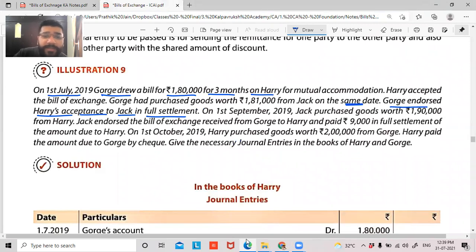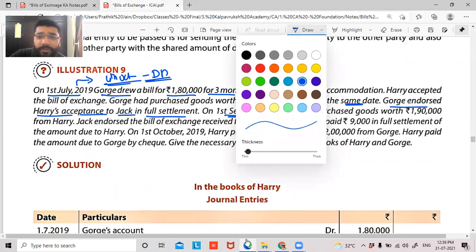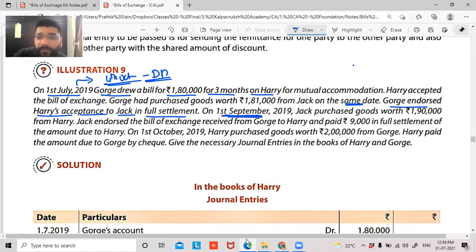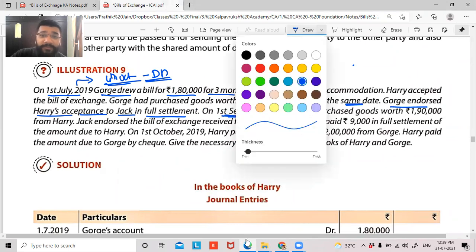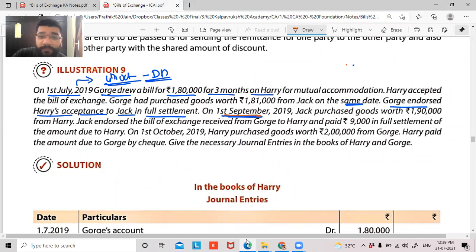It says that on 1st September. So when is the due date for this? 3 months: August, September, October. Is it 4th of October? Yes, sir. Okay, now this transaction we have seen. On 1st September 2019, Jack purchased goods worth 190 from Harry.